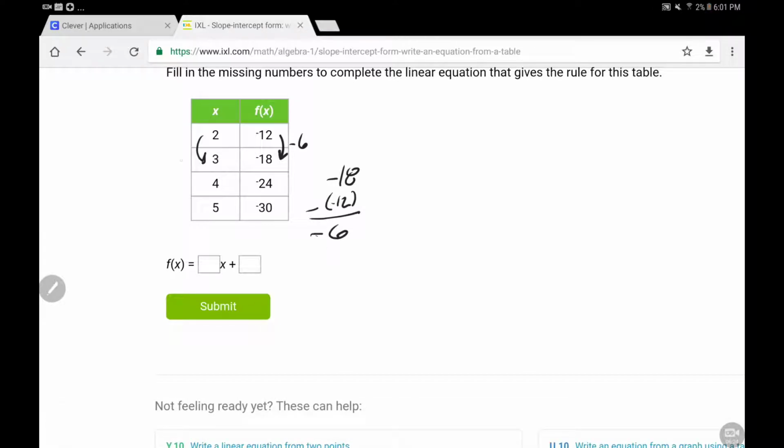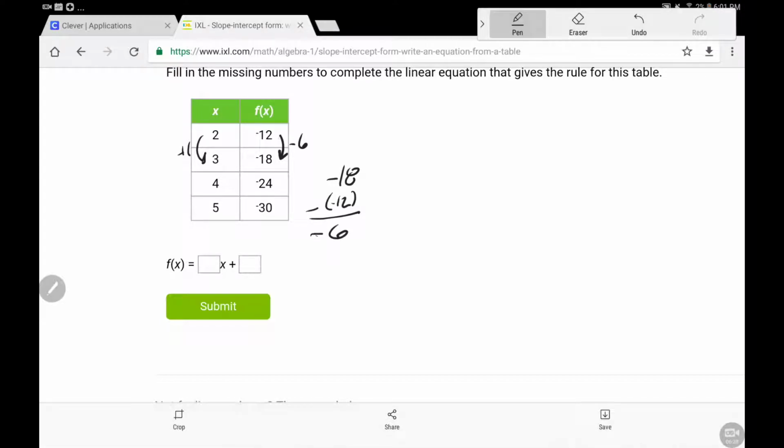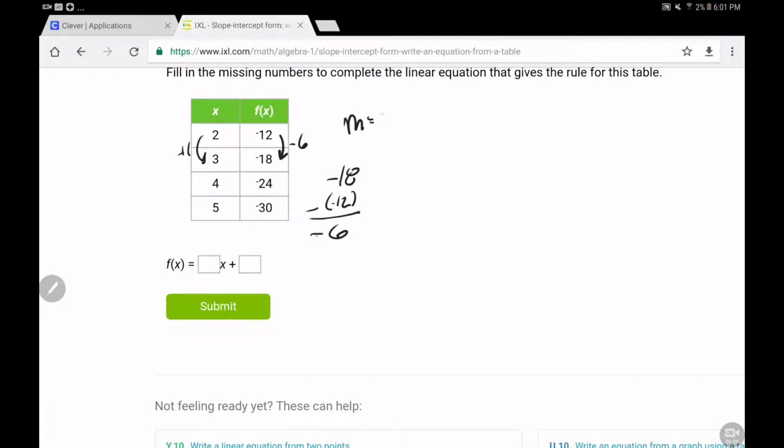And this is over 1. And also you can think negative to bigger negatives, you're going down in numbers. You're not increasing the numbers, you're subtracting. So slope is negative 6 over 1, which is negative 6. So that's what's going to go here.